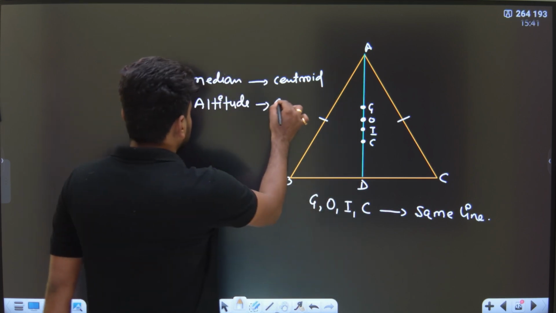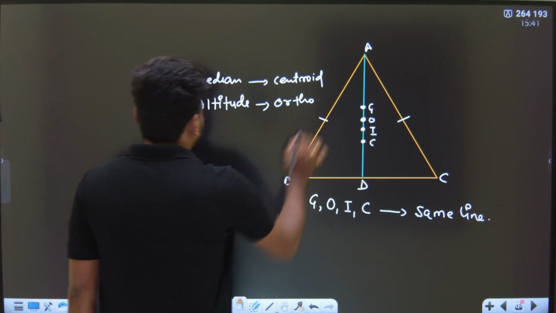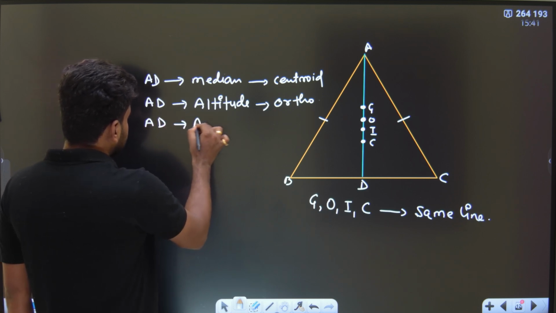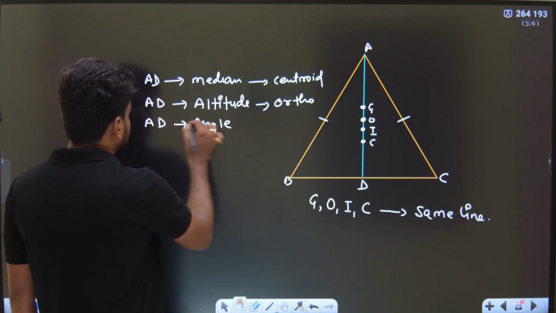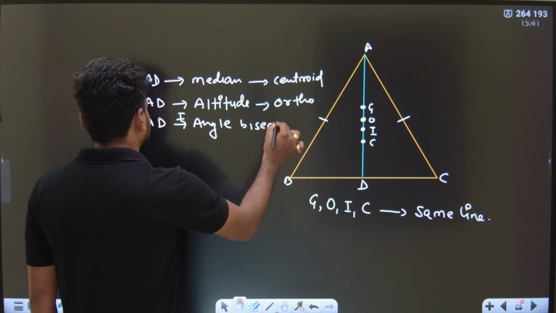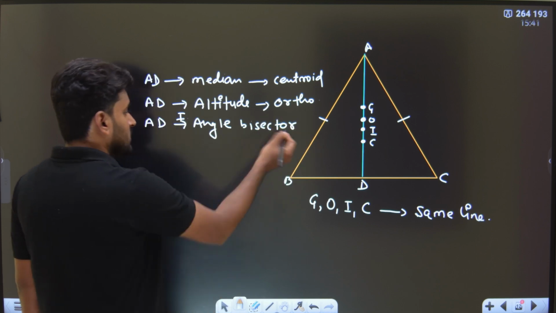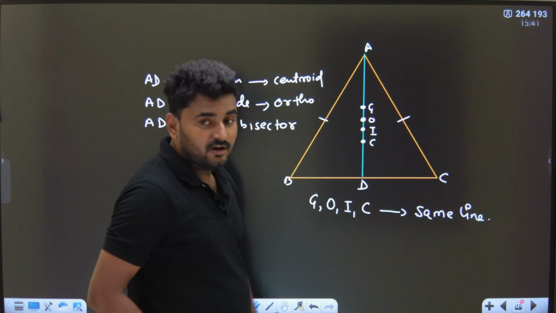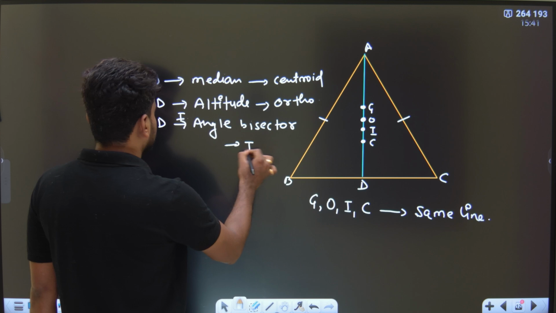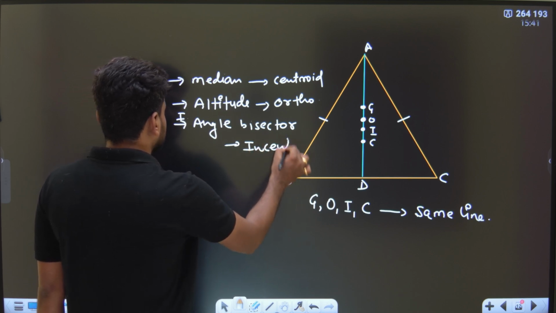Orthocenter will come. Now the third: if AD is an internal angle bisector, in that case the incenter will lie on the internal angle bisector. Here the incenter will come.